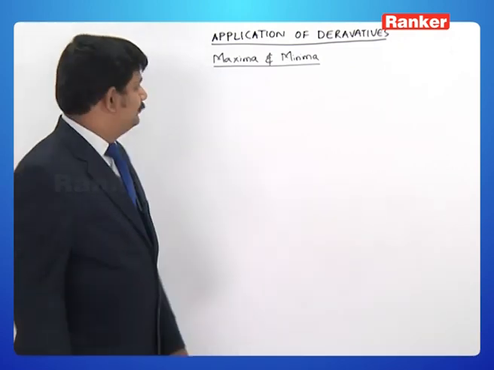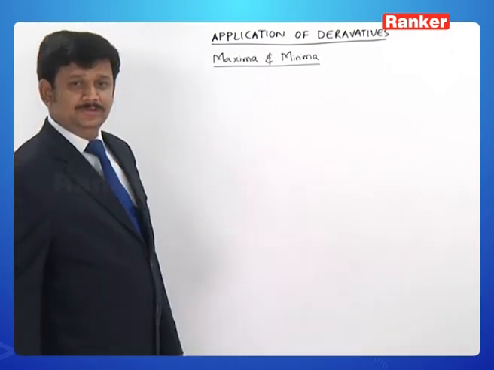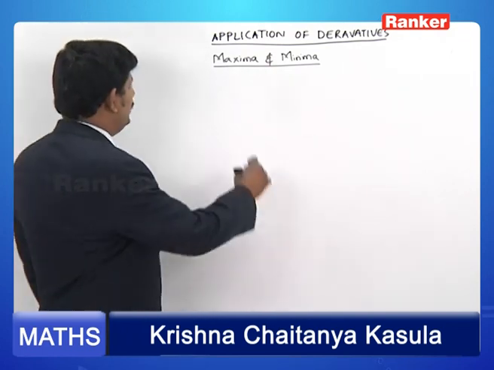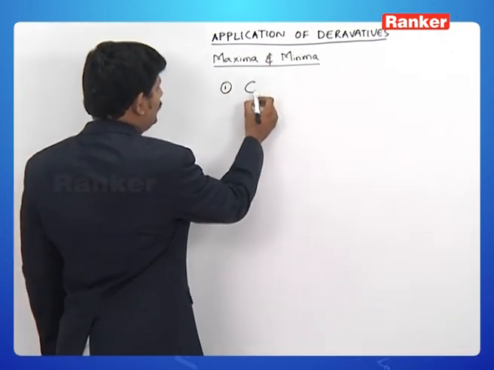So, this area, maxima and minima, is very important, and in this area we need to have an understanding of what critical points are.